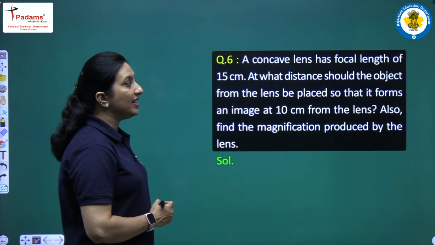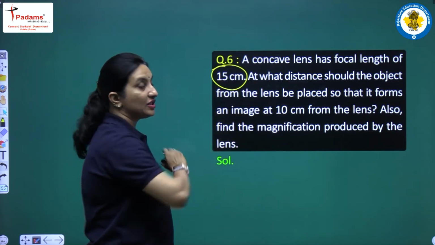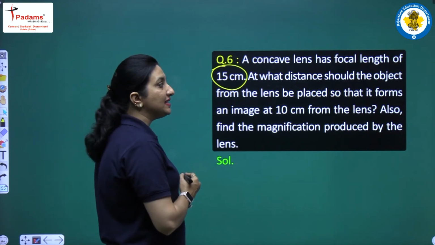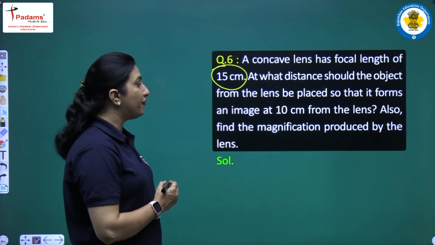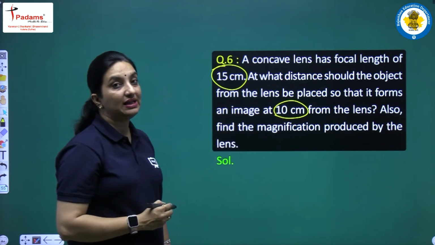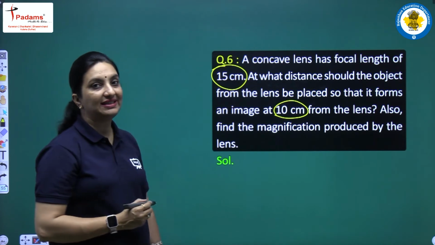A concave lens has a focal length of 15 centimeters. At what distance should the object from the lens be placed so that it forms an image at 10 centimeters from the lens? Also find the magnification produced by the lens.